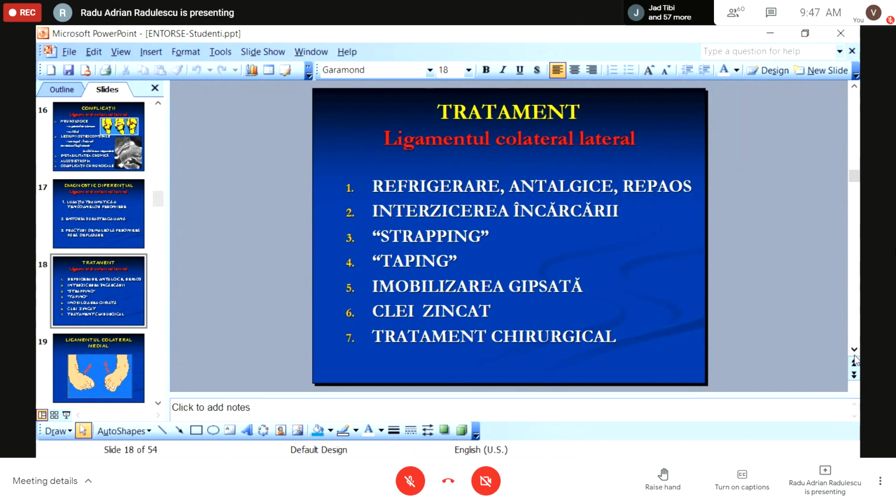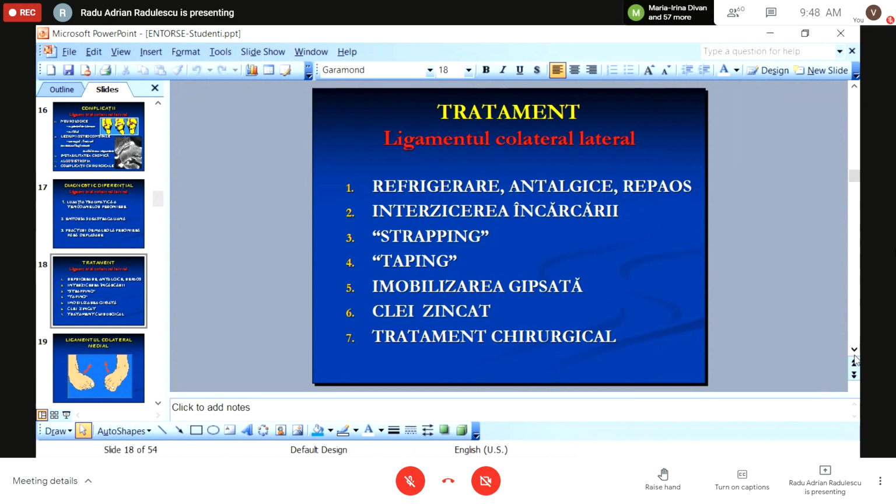So we put an ice pad on the lateral aspect of the ankle and invite the patient to limit his physical activity for a period of about 7 days. If the diagnosis was correct, then after 1 week things will probably go back to normal and the patient will return to his normal physical activity.